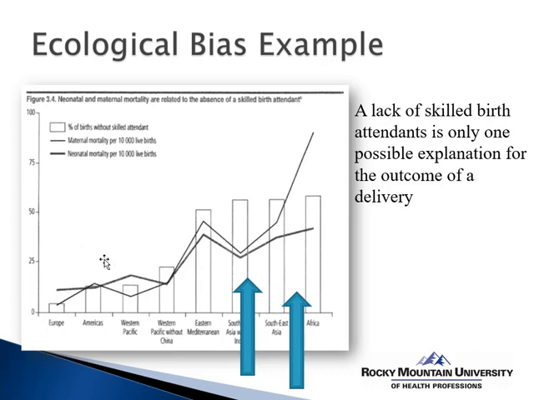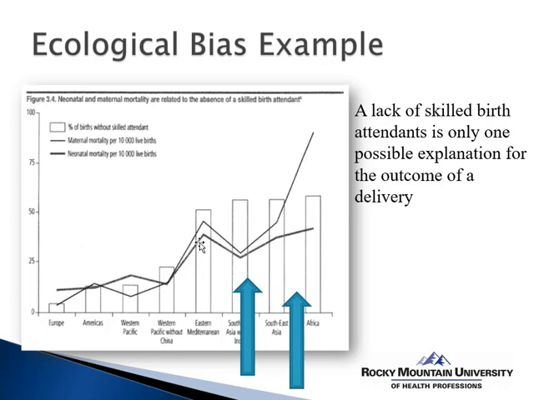It's really low. And we also see the maternal and neonatal mortality rates, also low compared to the rest of the world. So you might say, oh, okay, having more skilled attendants contributes to lower neonatal mortality and lower maternal mortality rates.